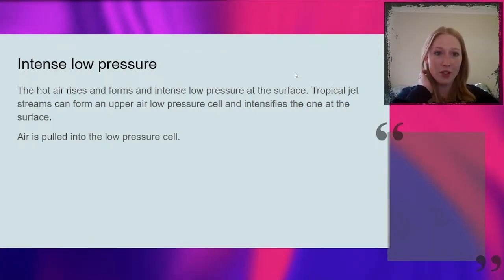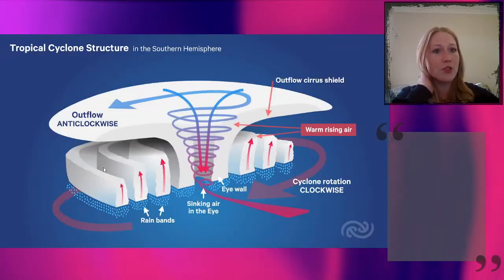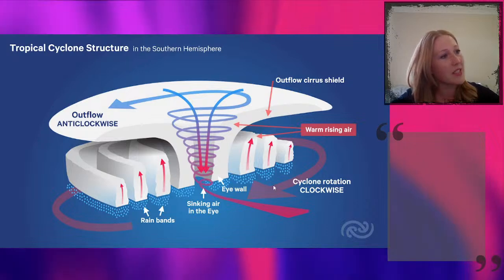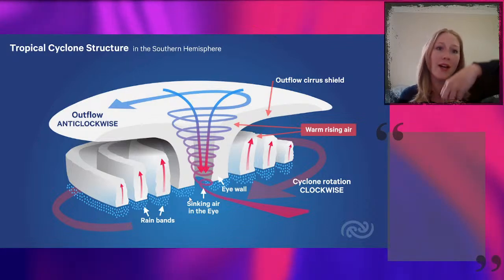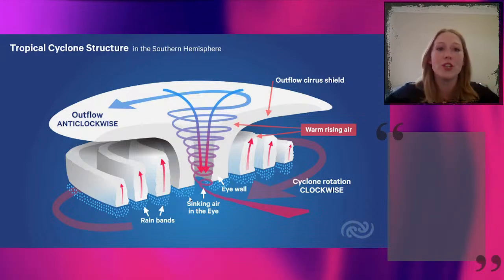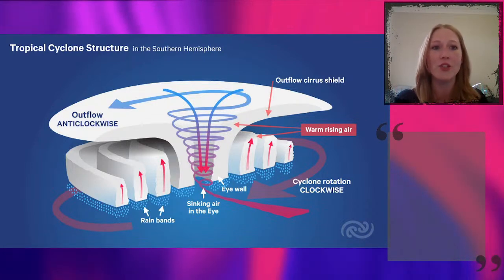Great. So we found low pressure cells. The air is pulled into the low pressure cell. You can see it is spiraling around and around, and it's sucked up into the atmosphere. This moisture is where the hurricane or tropical cyclone gets its energy from.